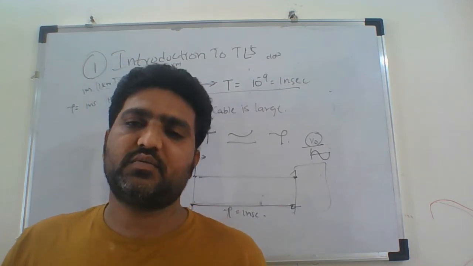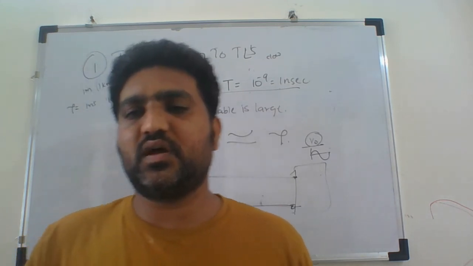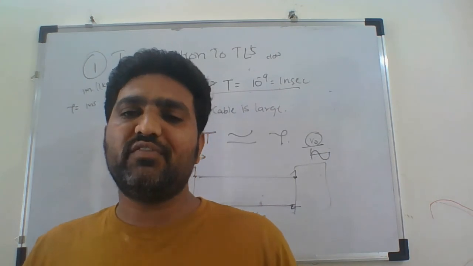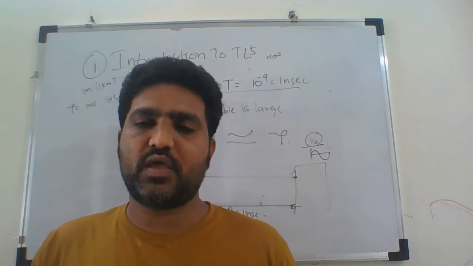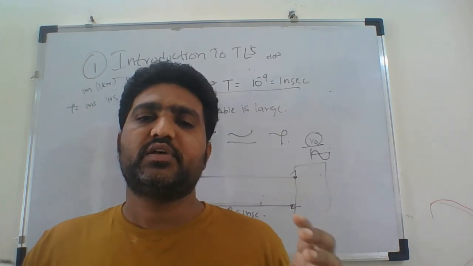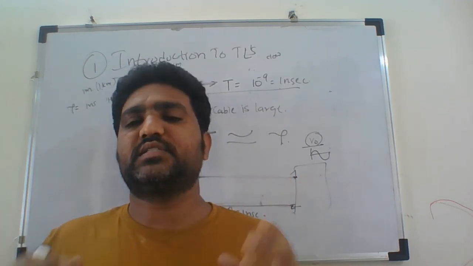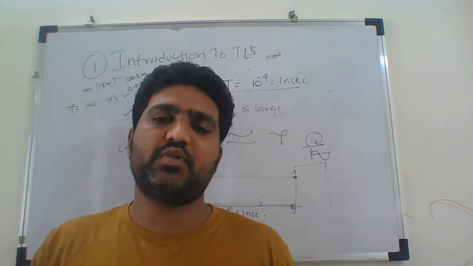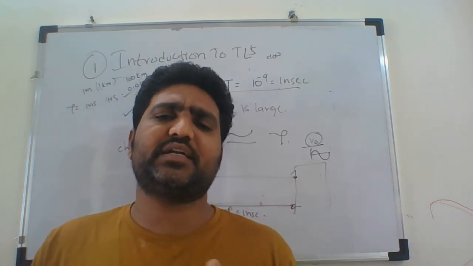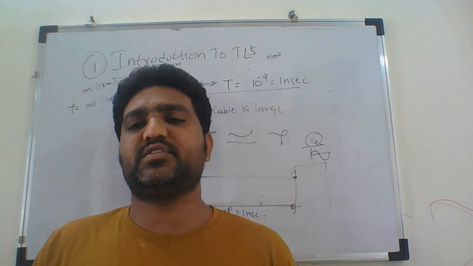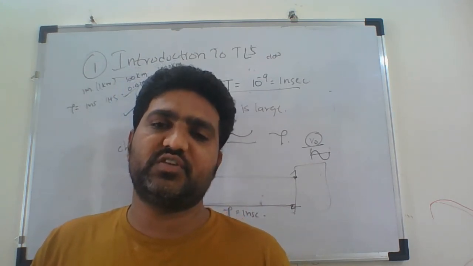In the next lectures we will be studying how to analyze transmission lines. For a pair of cables, what is the circuit representation? How do we approximate it as a circuit? What are the factors that affect its performance?